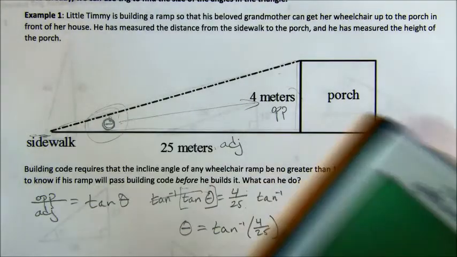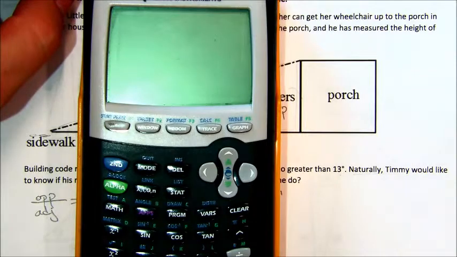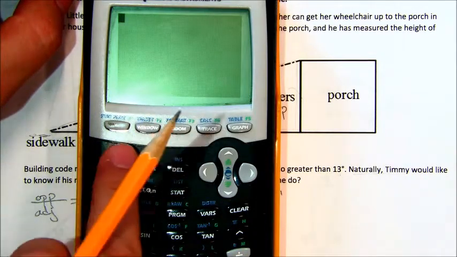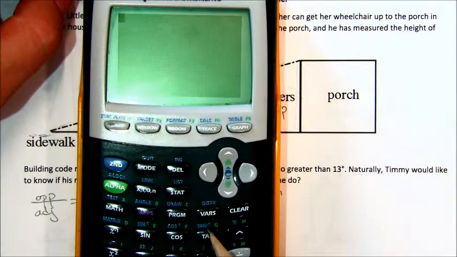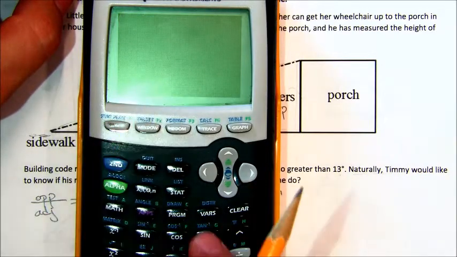If I go to my calculator, if you look closely, you see just above the sine, cosine, and tan functions, sine negative 1, cosine negative 1, and tan negative 1 in blue. I'll turn my calculator on. To get to the inverse tan function, I'll press second first, so second tan.